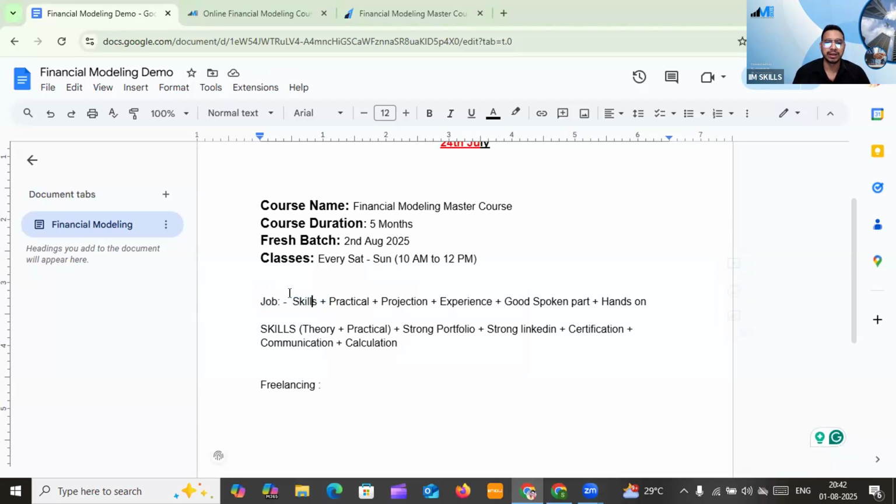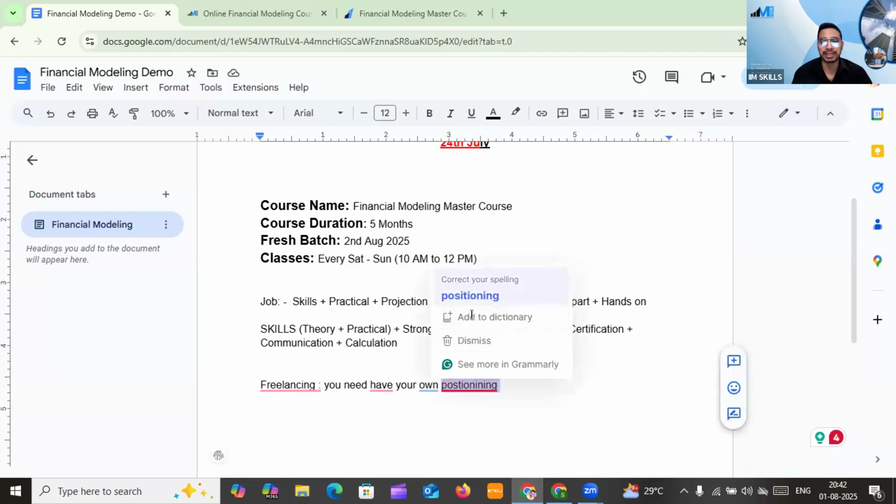That is the mandatory part. Other than that, you need your own positioning in the market as a freelance financial modeler, where a company will find that Mr. Kaushik is someone who is a freelancer.